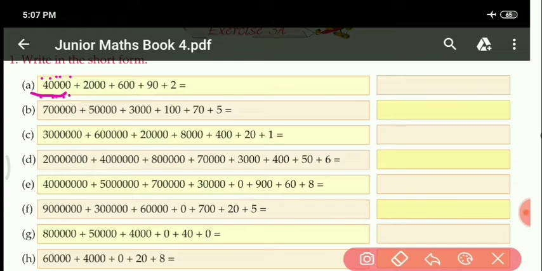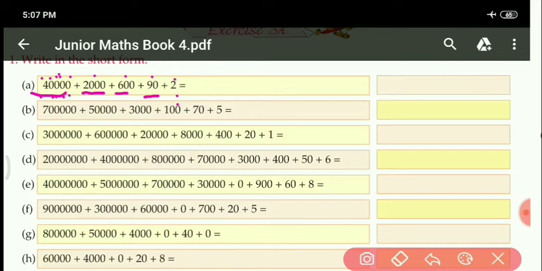So it is 40,000 plus 2,000 plus 600 plus 90 plus 2. It means it is coming ones place, tens place, 100, 1000, and 10,000. Okay. So simply write the number from right to left only.